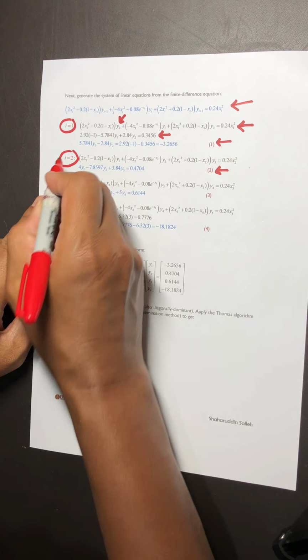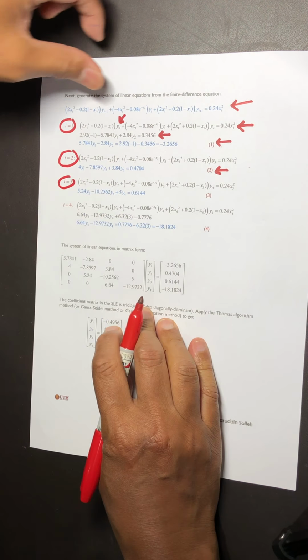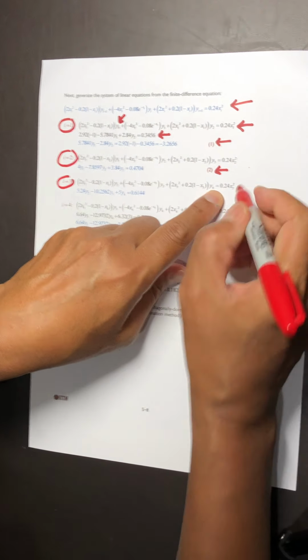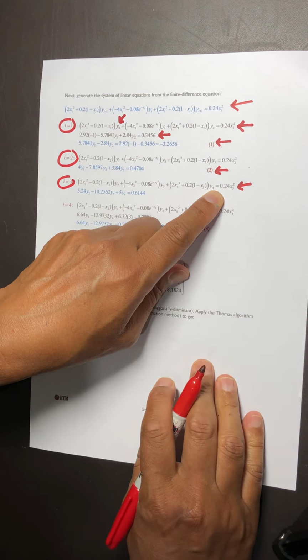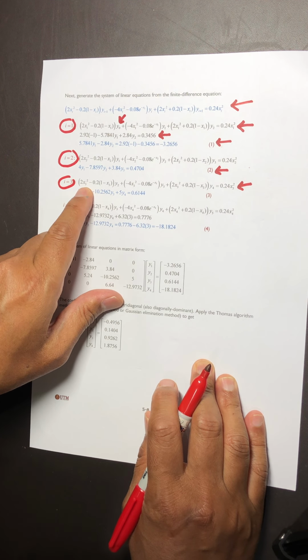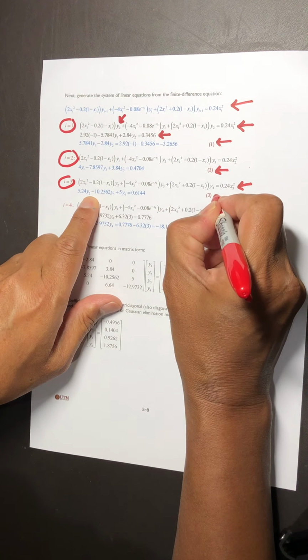Next is i equal 3. Put i equal 3 into this equation. This is what we get. Put in the values that we know, which is x3 only. So we get the third equation, which is this one.